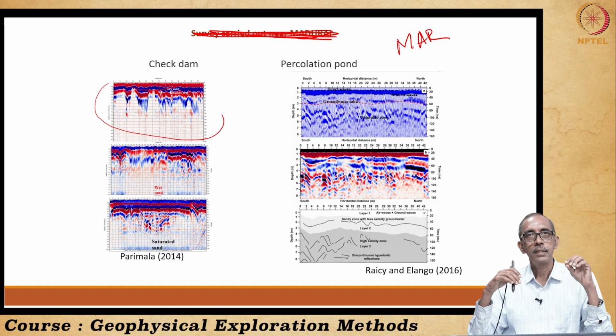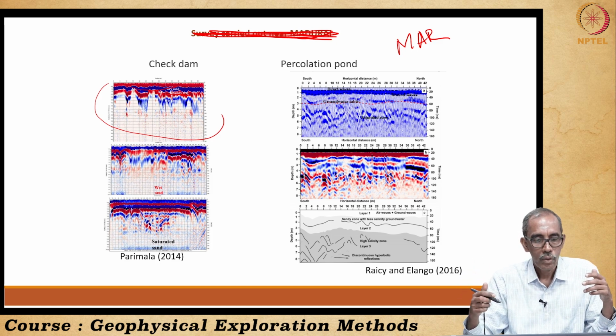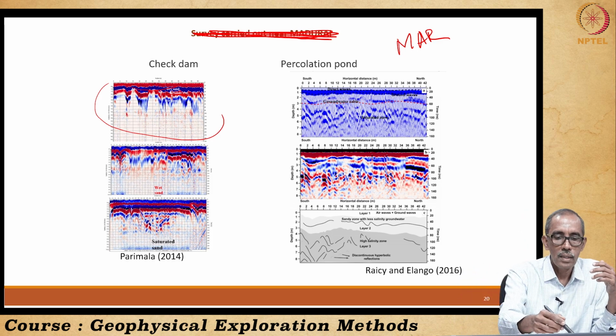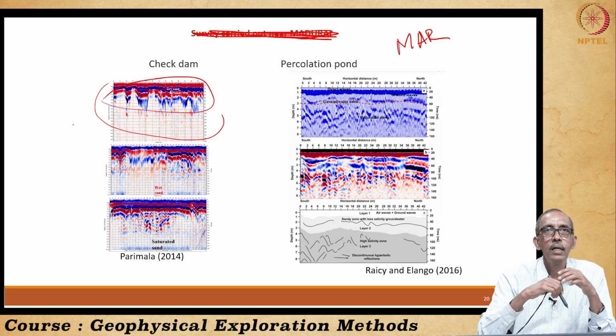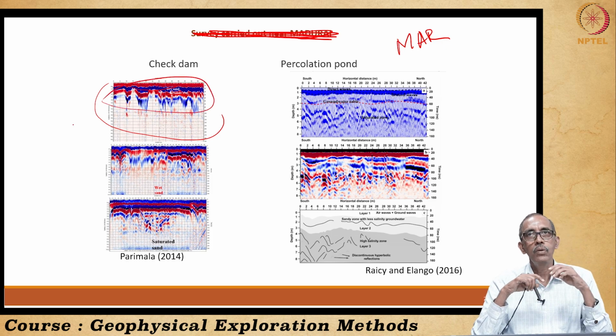If the subsurface has got clay very close to the ground, then the radar waves won't be able to enter to greater depth. Whereas here you can see we could decipher the different formations up to the depth of penetration of radar waves, which was about 10 meters, right?